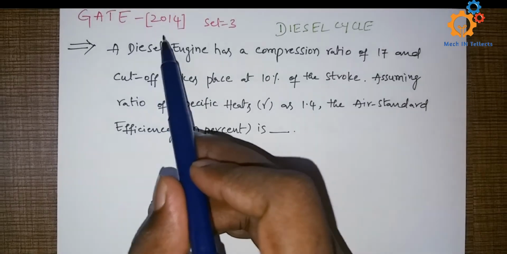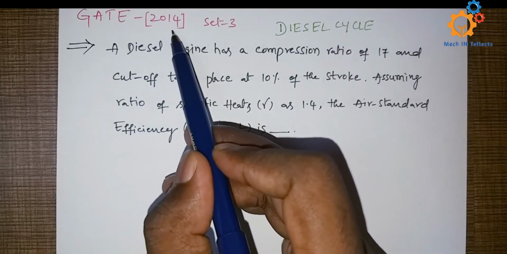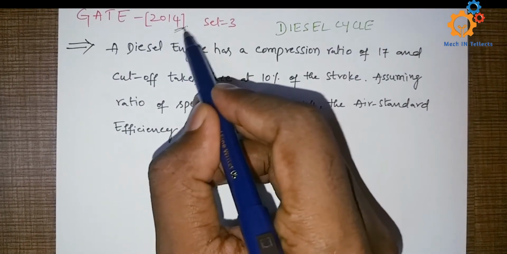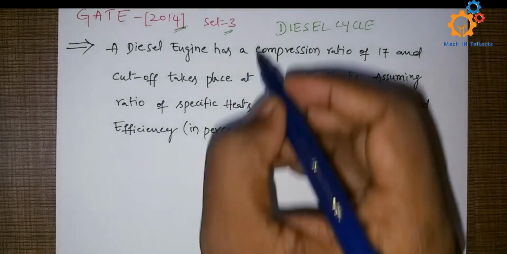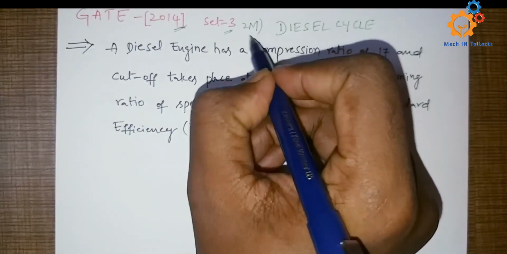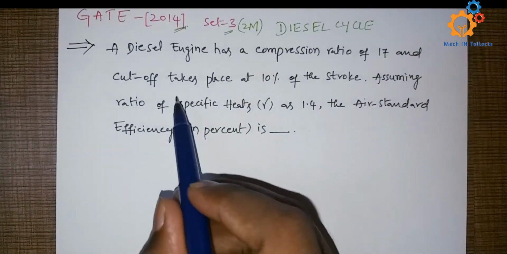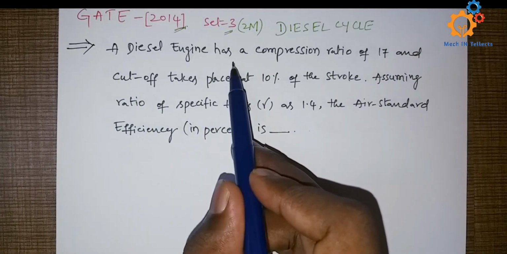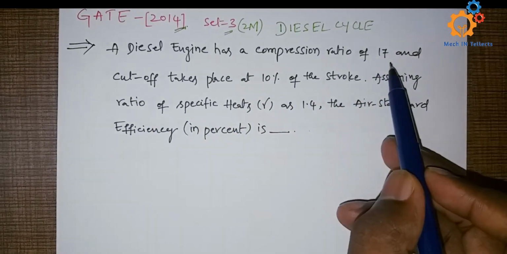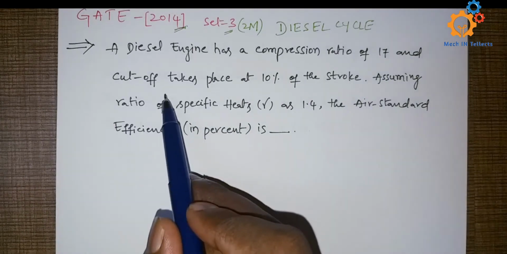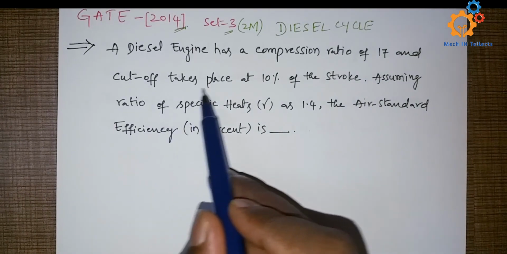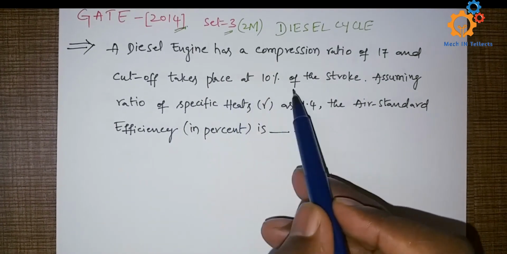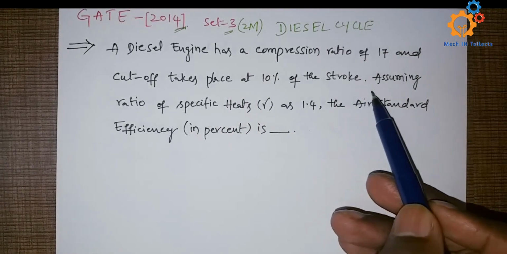This question was given in GATE ME 2014 in set 3 for 2 marks. The question is, a diesel engine has a compression ratio of 17 and cutoff takes place at 10% of the stroke.